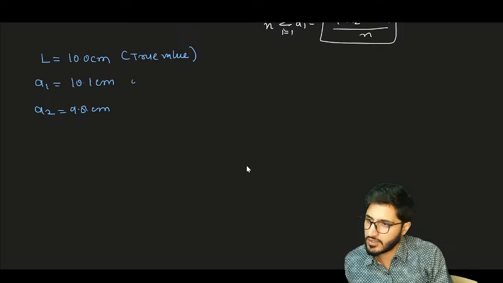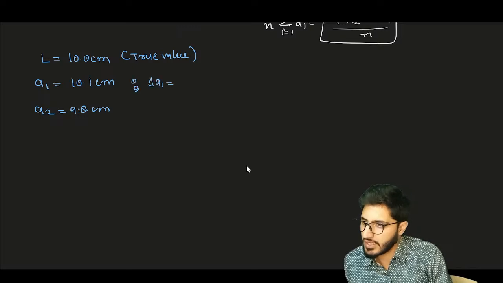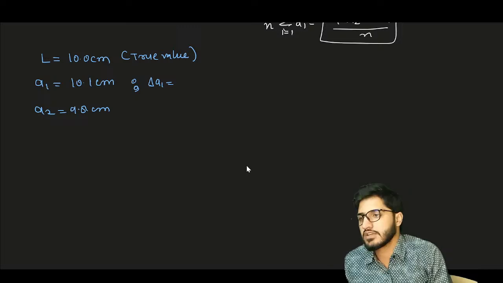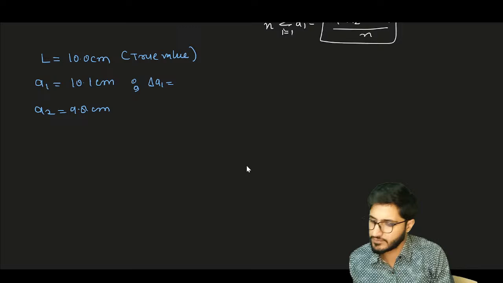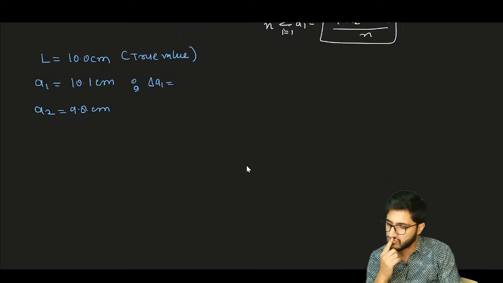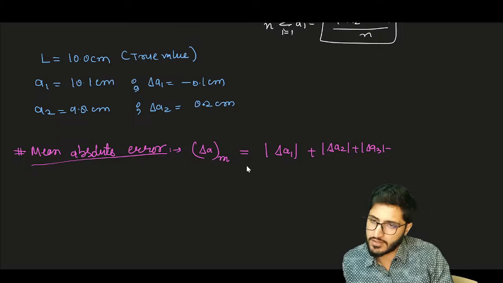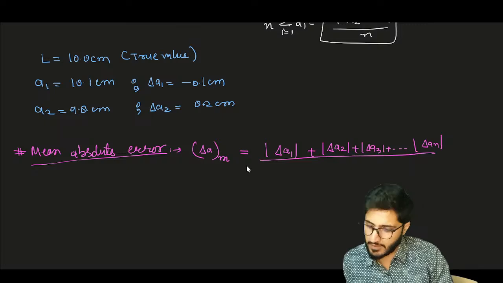So in the first scenario, my delta A1 would be equal to 0.1, right? Divided by n.